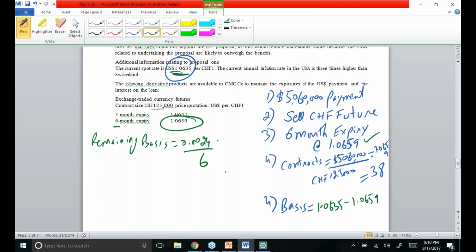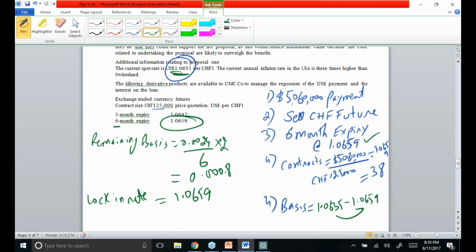And obviously your transaction is after 4 months, so the remaining basis is for 2 months. So that will be equal to 0.0008, and the lock-in rate will be the opening future.